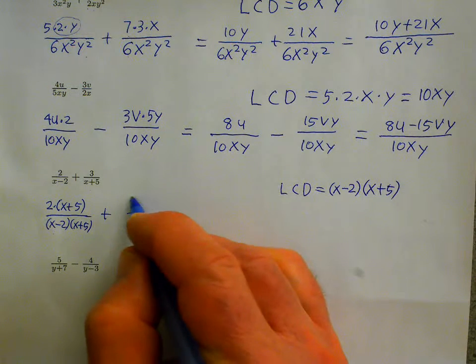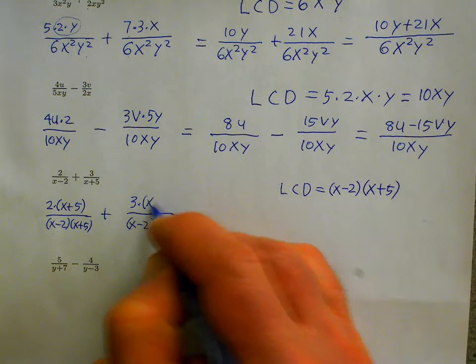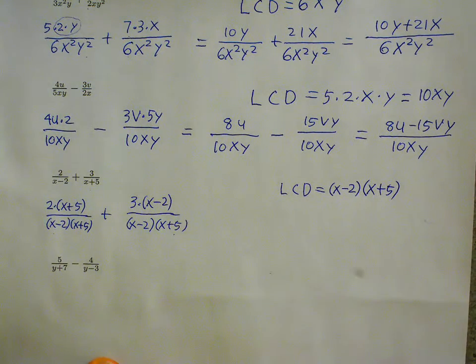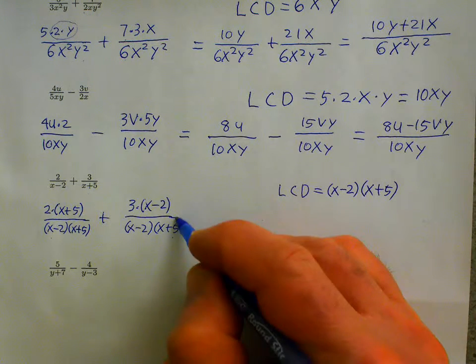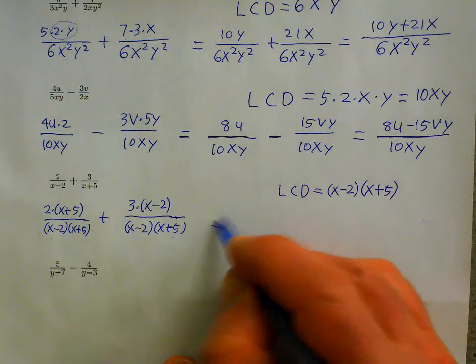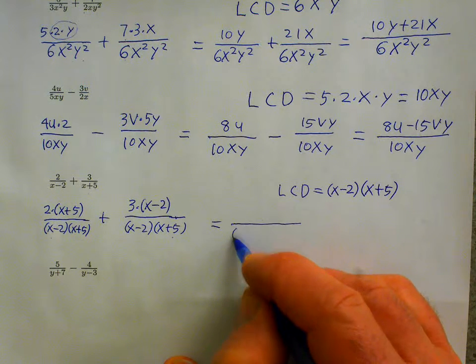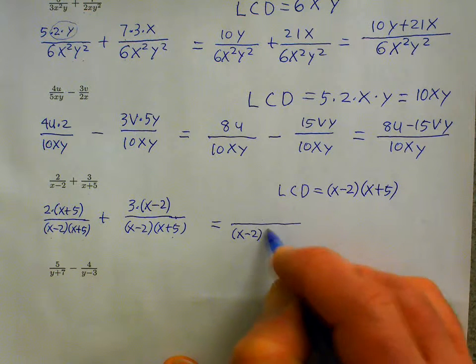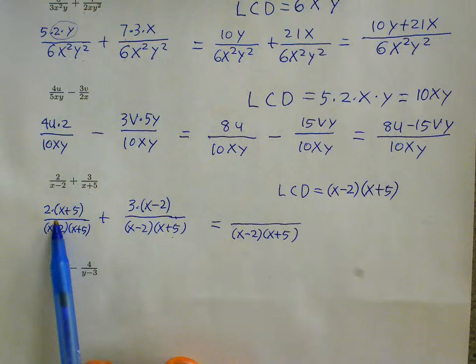The numerator has a factor of 3, and we also have to include a factor of x minus 2. Okay, so we can write this with the common denominator, x minus 2 times x plus 5. And then we have some simplifying to do in the numerator.